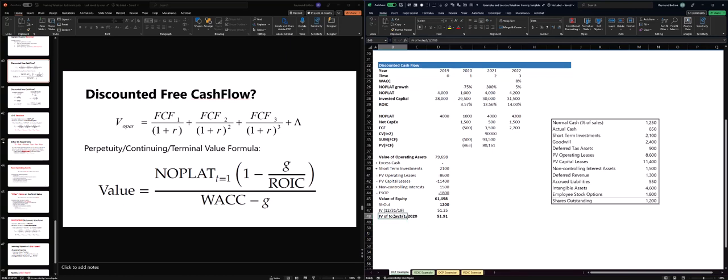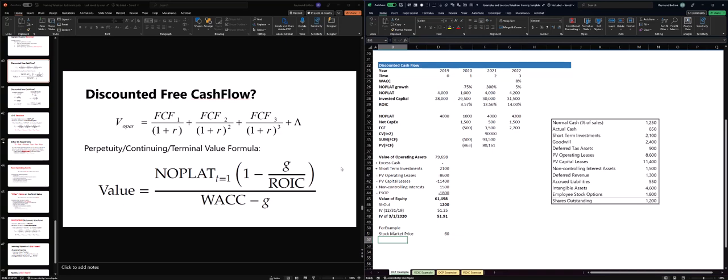Well, what if, as of this day, the stock market price is trading at, let's just say, $60? Would you buy it?